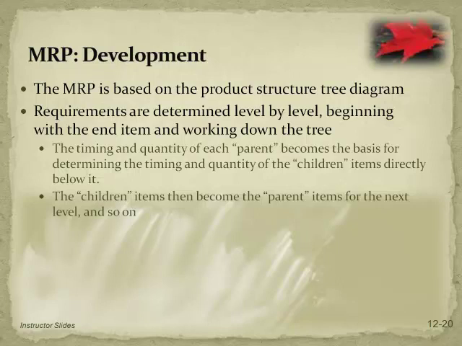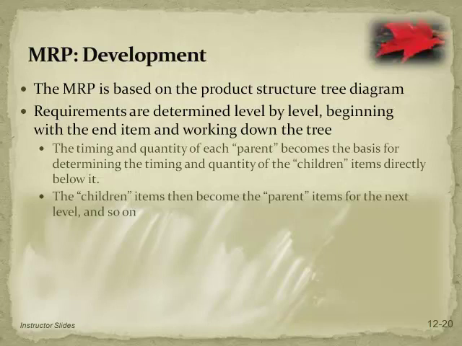That's going back to low-level code and the importance of low-level code. If I have an item that exists on level 2 in one bill of material and on level 3 in another bill of material, its low-level code will be level 3 because that's the lowest level it appears. When MRP does level-by-level planning and gets to level 2, it cannot complete the planning of that item at level 2, because there are going to be some additional demands for that item when we get down to level 3.